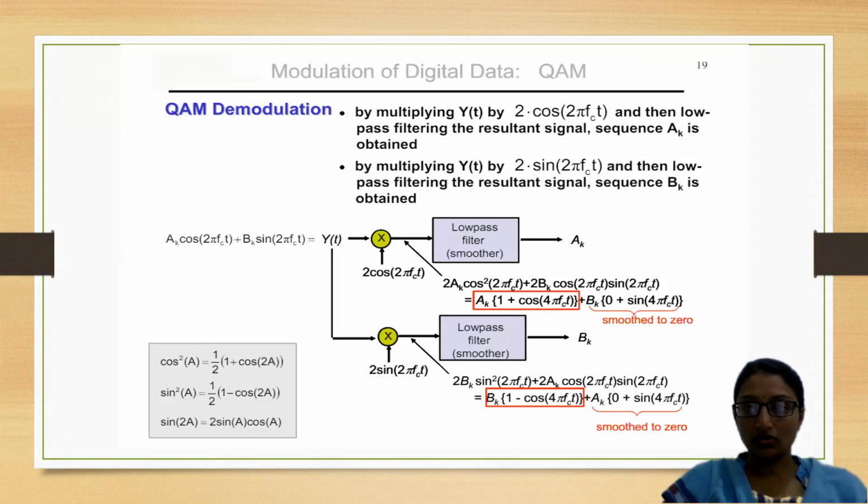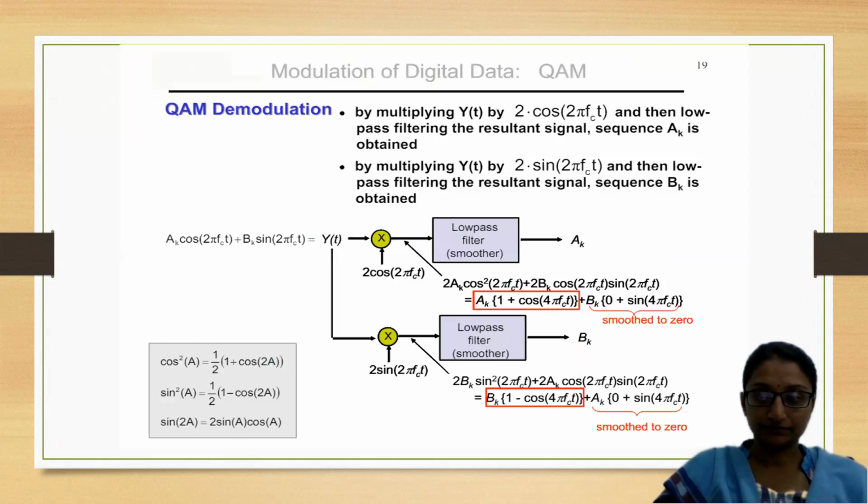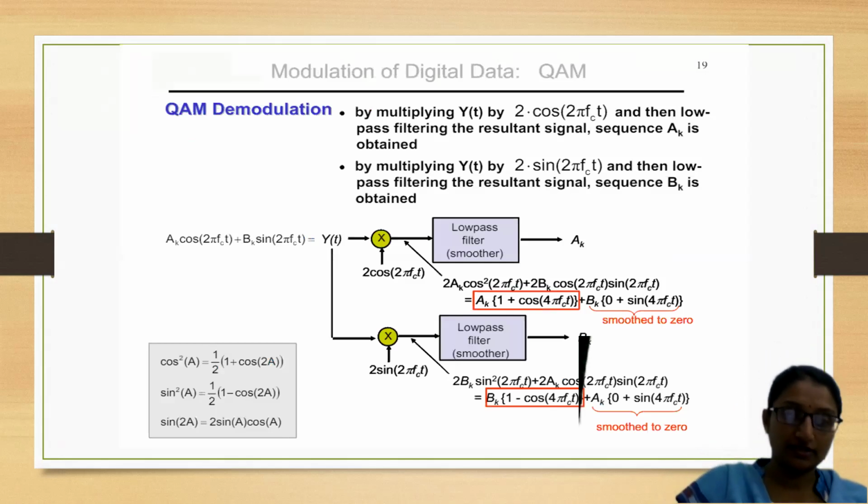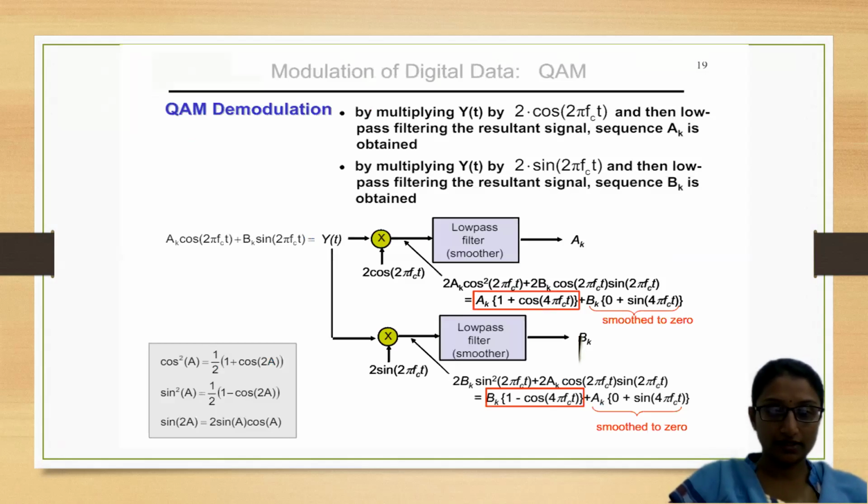AK are the odd terms, the in-phase terms, and BK are the even terms, the quadrature phase terms. All the required calculations can be done with the help of basic mathematical expressions: cos square theta can be written as (1 plus cos 2 theta) by 2, and sin square theta is equal to (1 minus cos 2 theta) by 2. Using these basic mathematical functions, you can calculate the values.